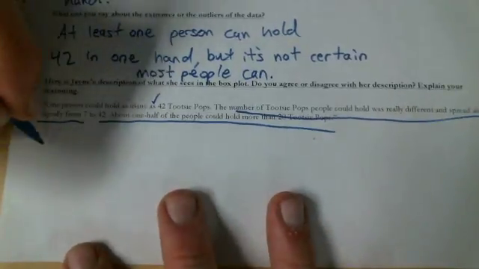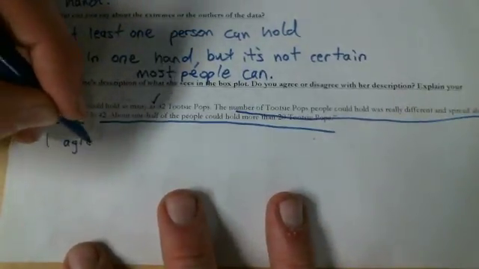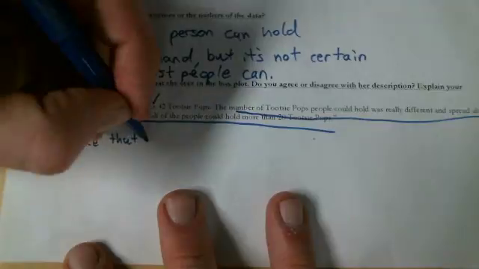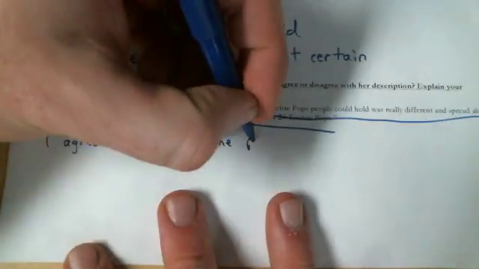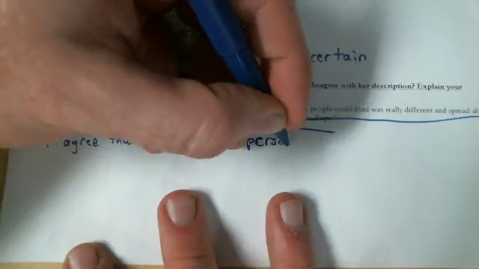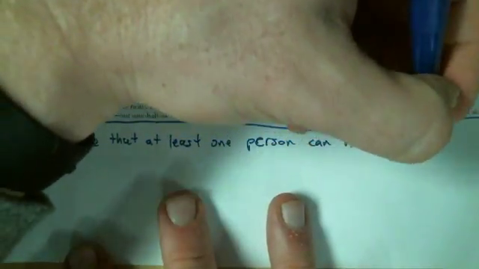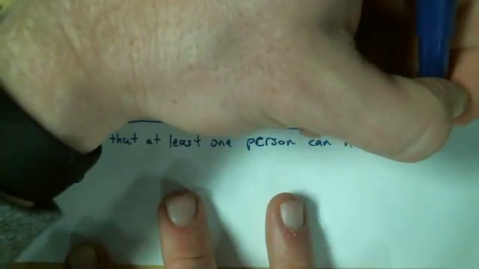So we might have to agree with some of this. So we could say, I agree that at least one person can hold 42. We should at least agree with that. I'll put 42 Tootsie Pops.